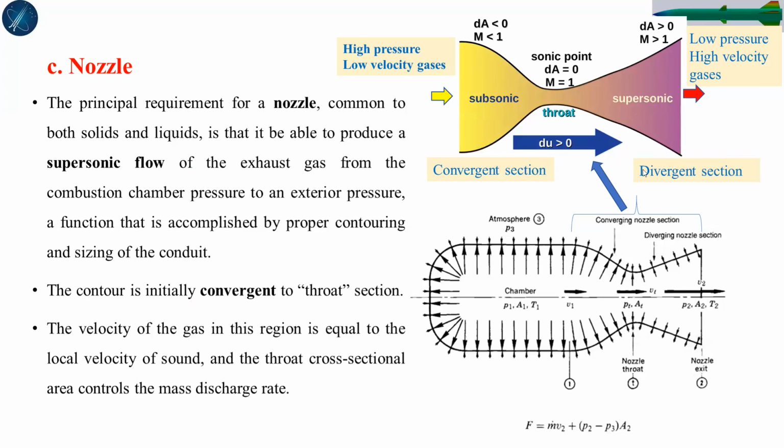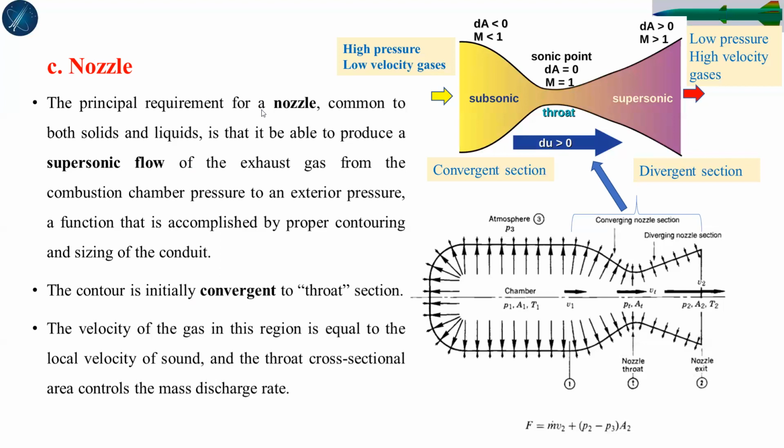So this is a simple constructional feature of the nozzle. The principal requirement for a nozzle, common to both solid and liquid, is that it be able to produce supersonic flow of the exhaust gas from the combustion chamber pressure to the exit pressure.